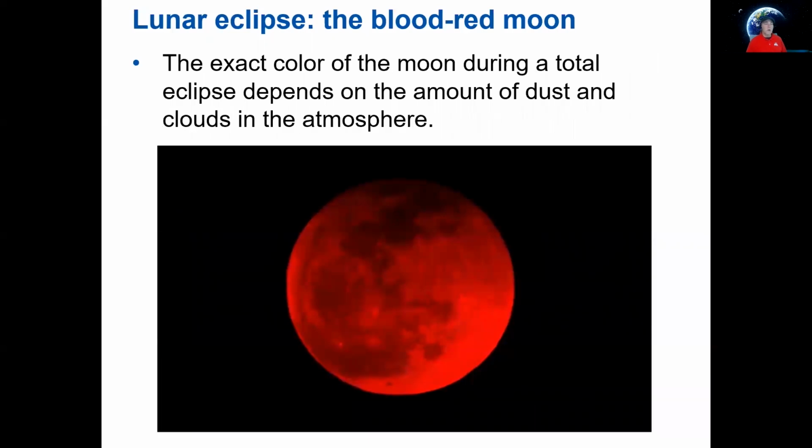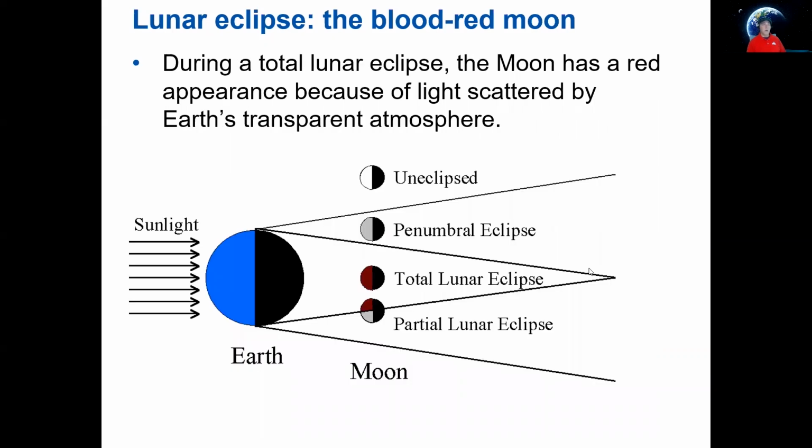The exact color that the moon appears depends on the amount of dust and clouds in the atmosphere. If there are extra particles in the atmosphere from, say, a recent volcanic eruption, the moon will appear in a darker shade of red. This figure shows how the appearance of the moon changes as it passes through Earth's shadow during a lunar eclipse.